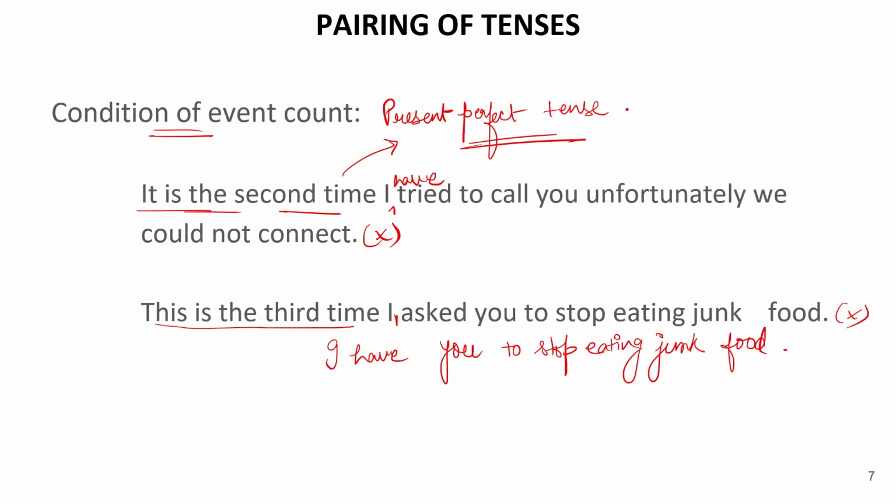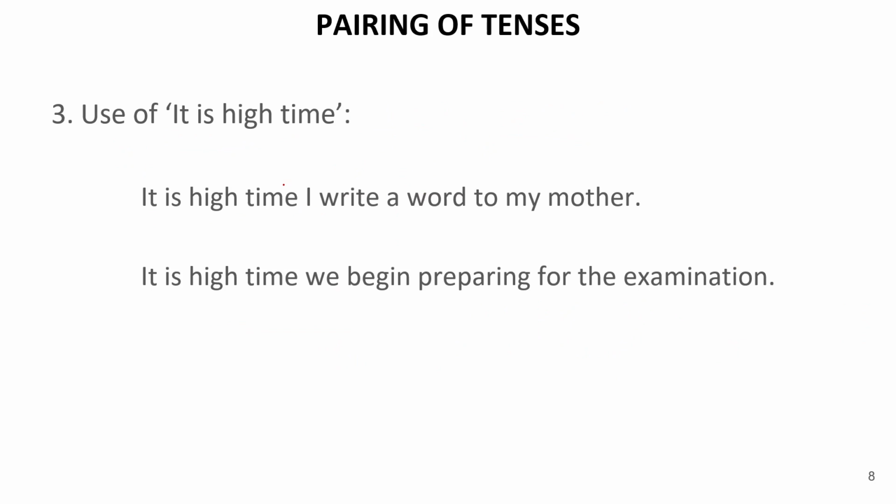So, whenever we have expressions like it is the first time, it is the second time, it is the third time, we always use present perfect tense. That's it.